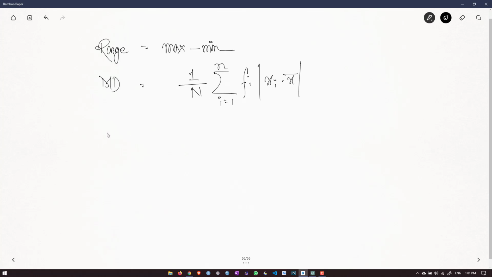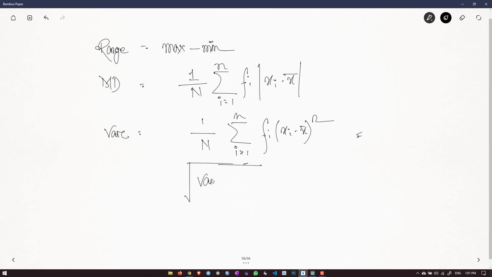And what is variance? It is 1 by n summation i goes from 1 to n, fi xi minus x bar whole square. That is variance, and if you take the square root of variance, you will get the standard deviation. So that is all about measures of dispersion.